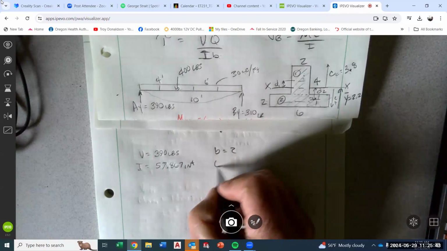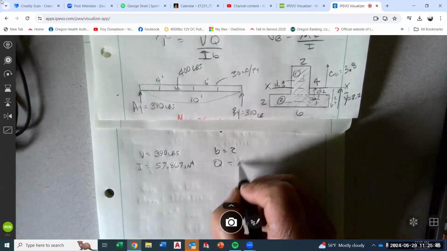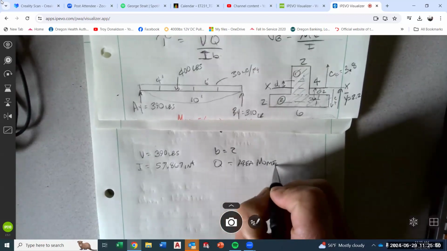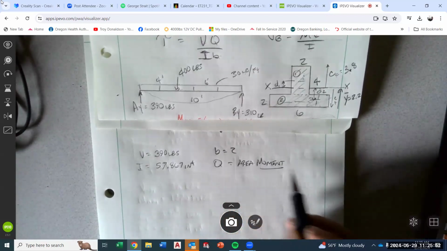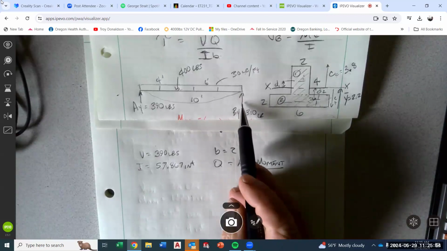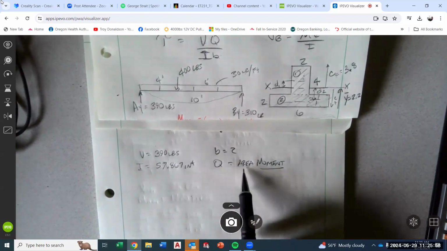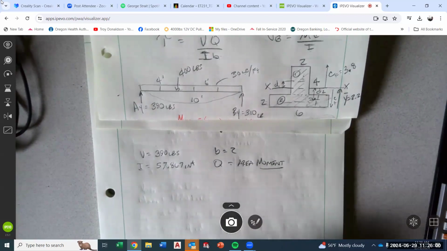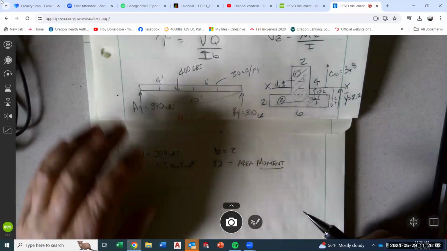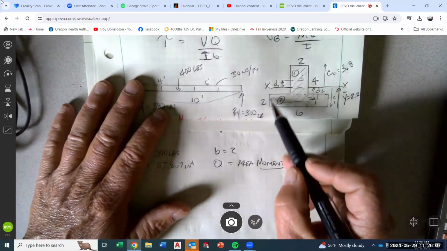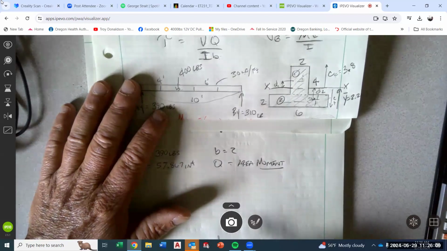Q is the tough one. Q is called an area moment. Now, we're used to moments being forces. We've done a lot of force moments, but Q is what we call an area moment. And you can use the area above the neutral axis or the area below the neutral axis.